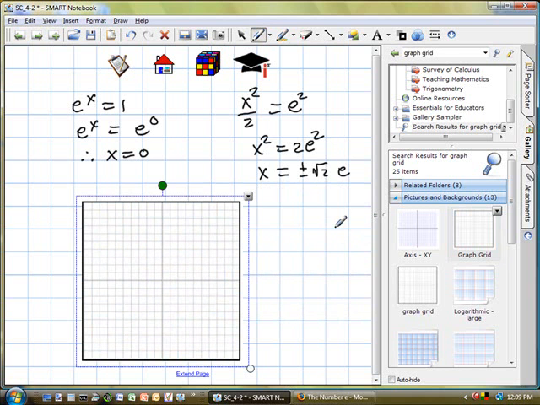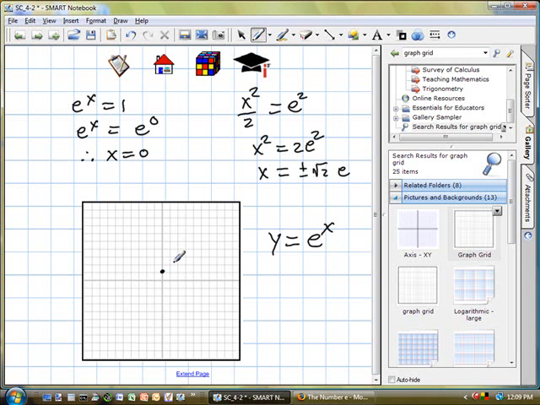Okay, what I want to do is graph, first of all, the one we've been talking about all day today, y equals e to the x. Now, first of all, tell me, what famous point should this graph go through? 0, 1. So let's just put a dot there right now.